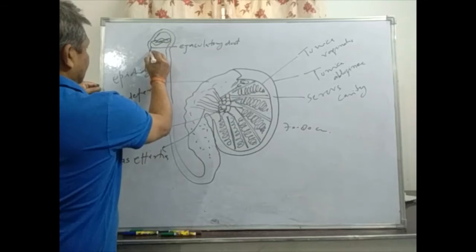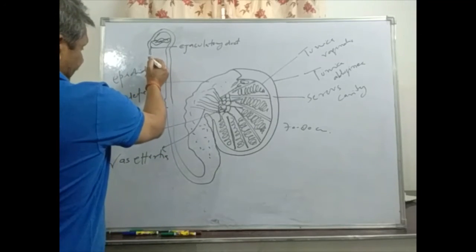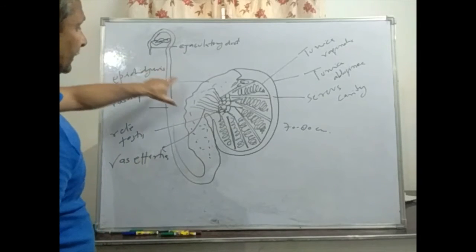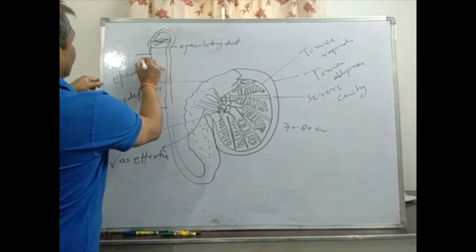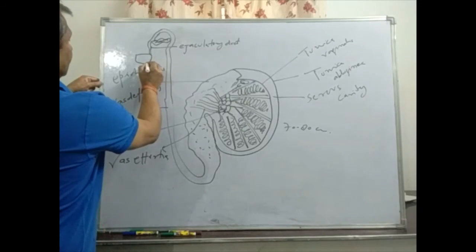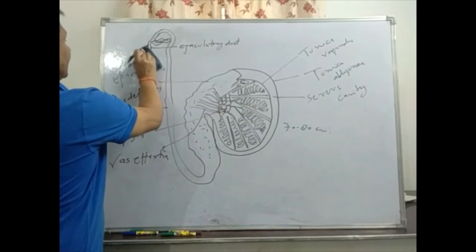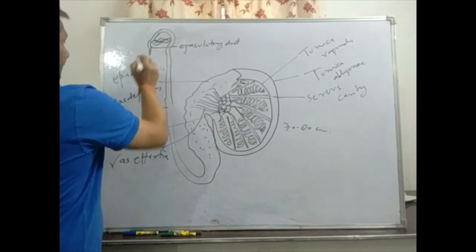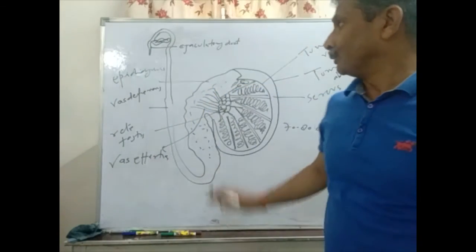Behind the urinary bladder, at the base of the urinary bladder, there is located the prostate gland. So, like this. And the prostate gland is not in pair, it is pierced by the urethra and divided in two parts.